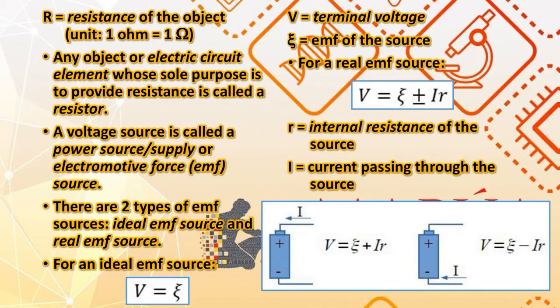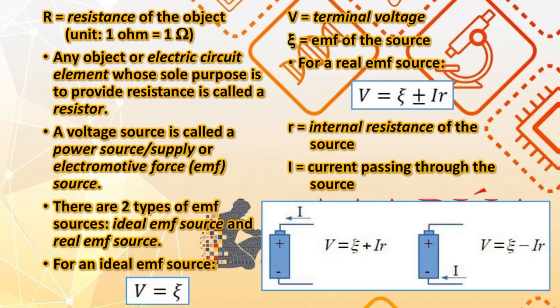plus or minus Ir. Plus or minus will depend upon the direction of the electric current. When the current enters the positive side of the EMF source, you use the plus sign, whereas if the current enters the negative side of the EMF source, you use the negative sign.